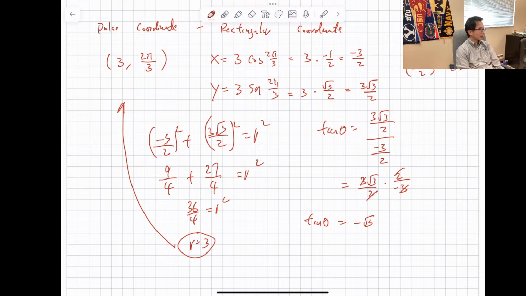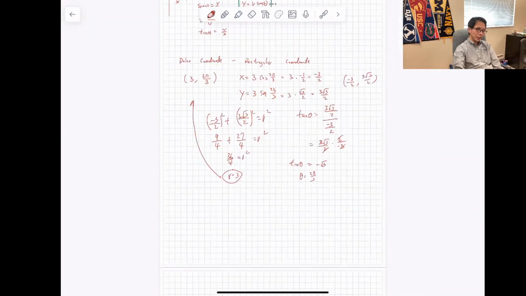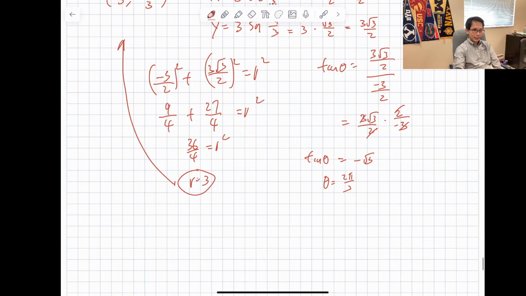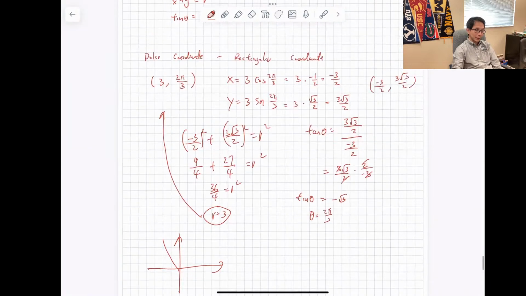Theta is equal to what? 2 pi over 3. Yeah, but the thing is, you know it's 2 pi over 3, but it can also equal 5 pi over 3, right? So which one would you pick? Well, we know that this is in the second quadrant. So all the time you draw it out, 2 pi over 3 is something like right here.